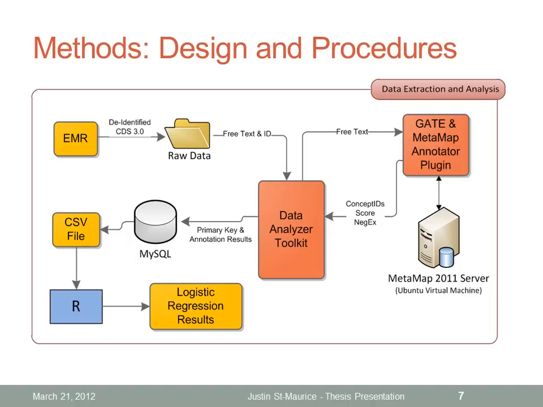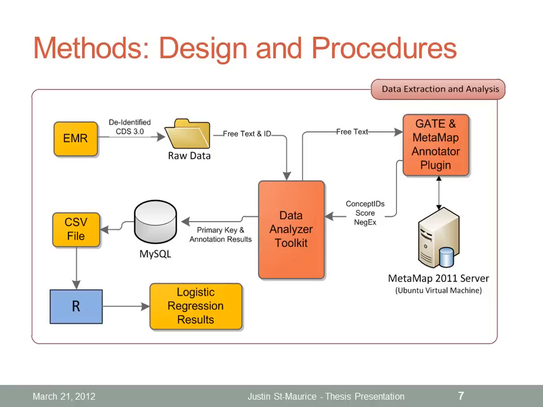So once that natural language processing analysis took place and those biopsychosocial codes were scoped out and found, then that data was written to a MySQL database that included the primary key, which in this case was the health card number hash, and the results of that annotation.